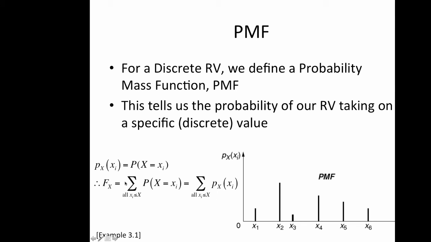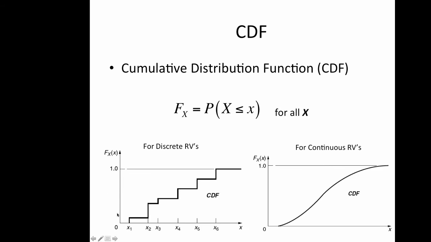A CDF is simply the plot of all of these values and the probability as we get to that value, but adding to it the sum of all the previous probabilities. So at x1 we have some probability for x1, and then when we get to x2 we have the probability of x2, and we add to that the probability of x1, and we keep on going until we get all the way through our set.